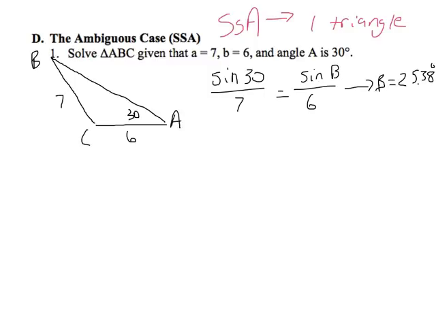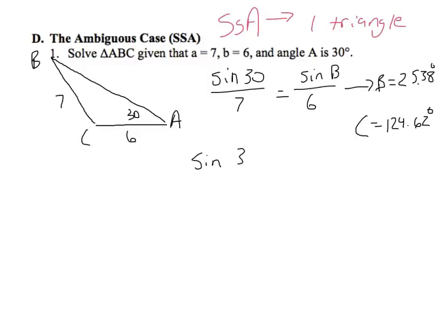From there, I know that all the angles have to add up to 180, so I know that angle A is 30, I know what angle B is. I work backwards from there, and I can figure out what angle C is, and that would be 124.62. And if I know what angle C is, now I can set up law of sines again to solve for side c.